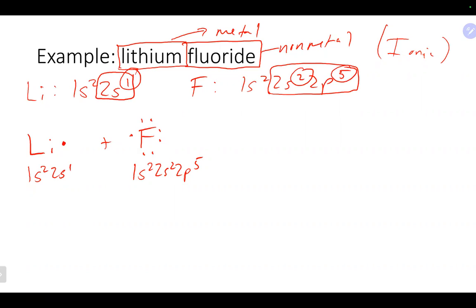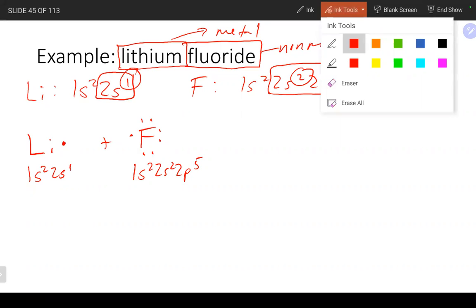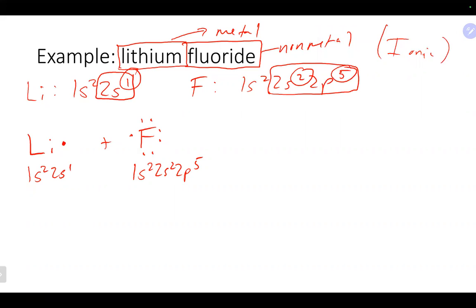What's going to happen when these two get together is, because the metal has all of those periodic properties to say, take my electrons, and the fluorine, which is a nonmetal, has all the properties to say, I will take your electrons, the electron goes from the lithium to the fluorine.